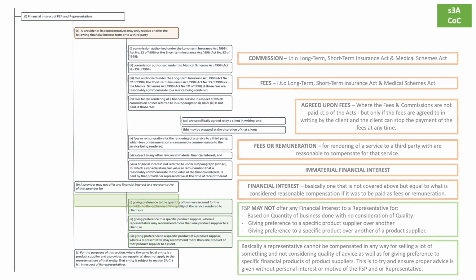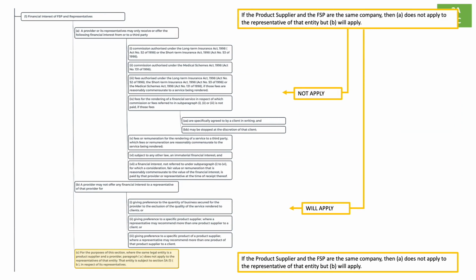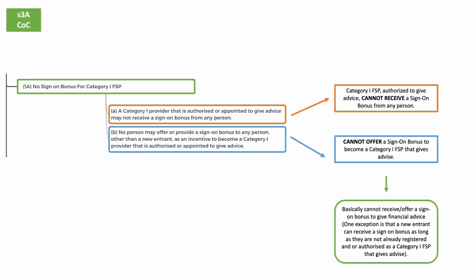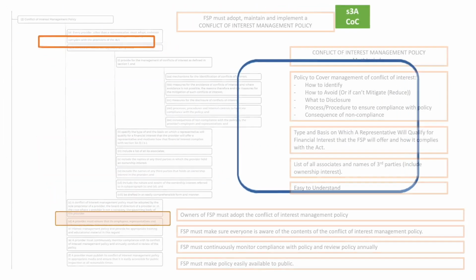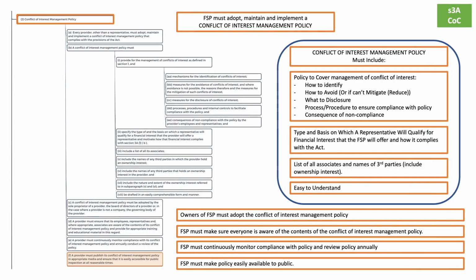We also covered when a product supplier, also known as a product provider, is also an FSP, then what is applicable and not applicable. Make sure you take some time to read through this and understand the concepts. We also noted that Category 1 FSPs cannot give sign-on bonuses. We then looked at the conflict of interest management policy and what the policy should cover.